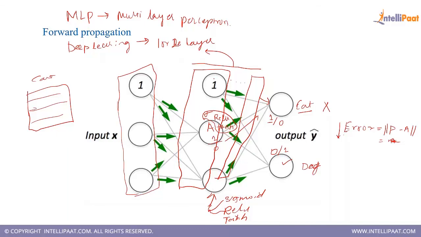When you have multiple hidden layers such as this, and you have the outcomes here, this is the input layer, this is the output layer, and in between you have multiple layers. Such things are called multi-layer perceptron or deep learning. That is the difference between simple artificial neural nets and deep learning.